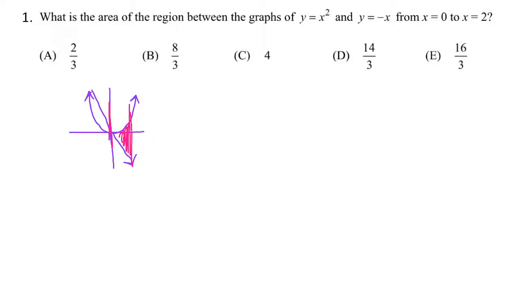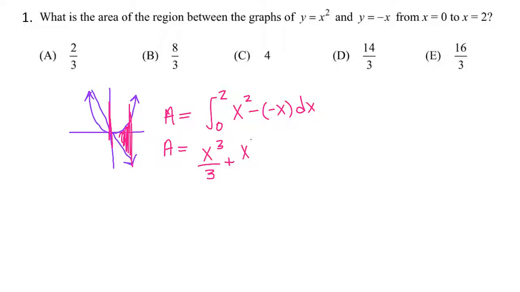So let's go ahead and write out our area. It's going to be from endpoint to endpoint, so from 0 to 2, of our top function minus our bottom function. And since this is multiple choice, we do need to go ahead and finish working this out. That's going to end up being x cubed over 3 plus x squared over 2 evaluated from 0 to 2.